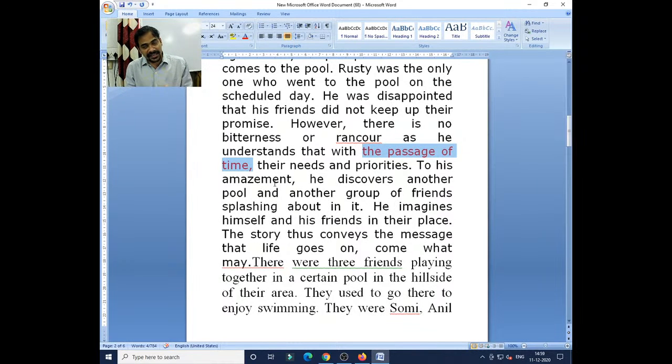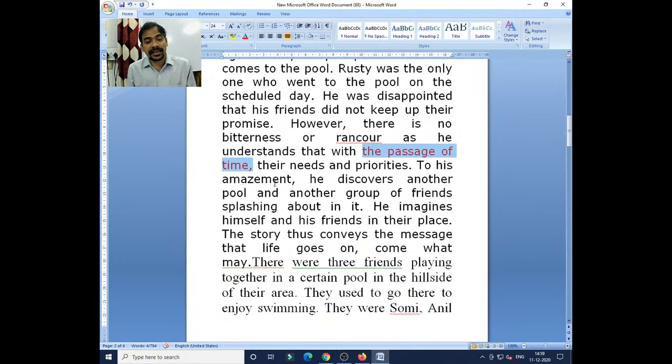The two other friends didn't come. So he is very much disappointed, but he understands that time can change everything. What he finds there, having gone alone, is another pool and another group of friends who are playing, splashing water.